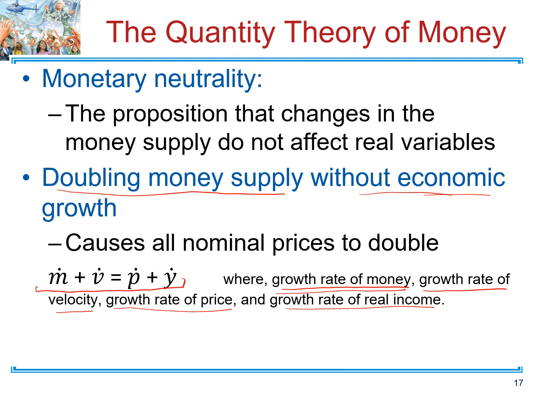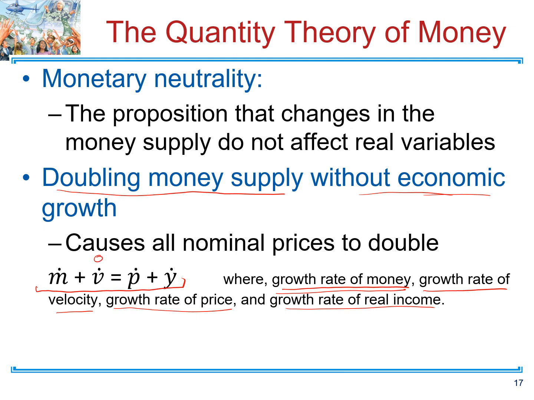The growth rate of velocity is what? The previous graph shows the velocity of money was constant, right? What is the growth rate of a constant number? 0. So this one is 0.